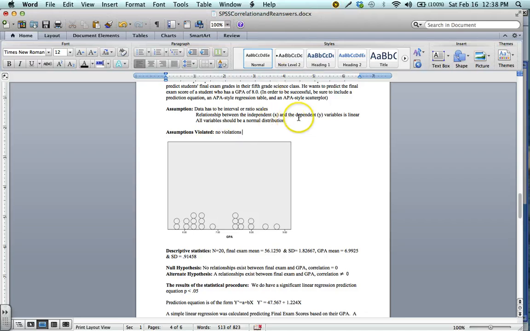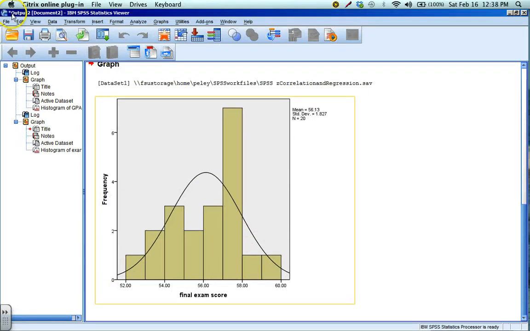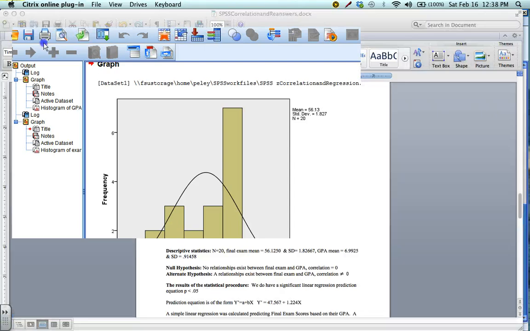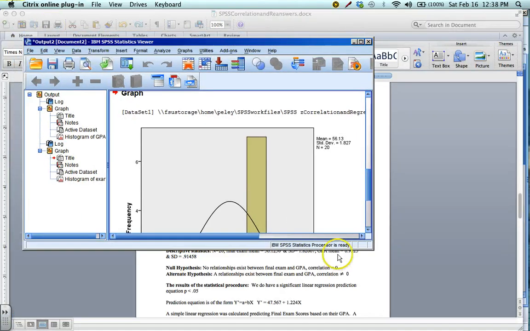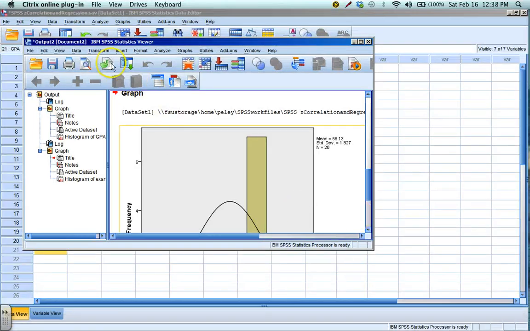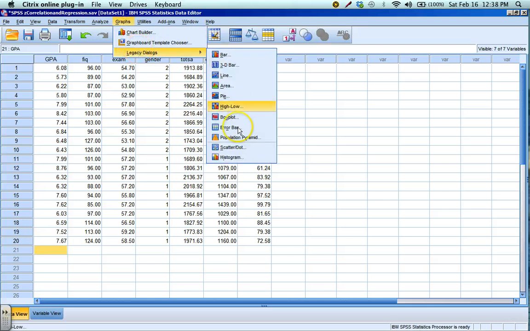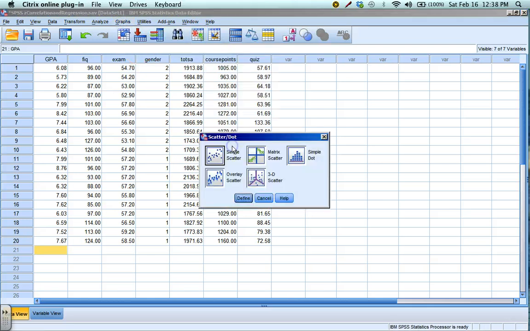Relationship of the independent variable. Well, how can we tell that? We can do a scatter plot to look at that. So let's pull up our data again here. Let's look at scatter plot. We can go back to graphs, down to scatter plot.